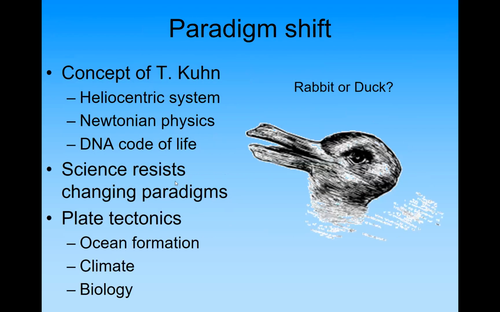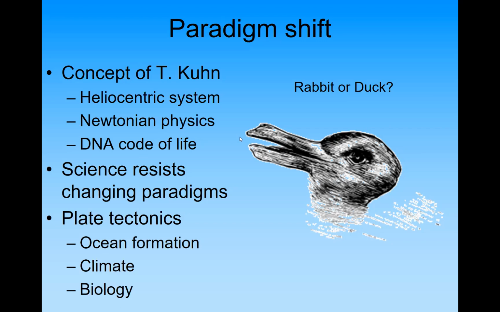What is a paradigm shift? Well, the concept of paradigm shift comes from Thomas Kuhn. He's a physicist and also a historian of science. And he proposed the idea that paradigm shifts were moments when scientific analysis of existing evidence suddenly changed.